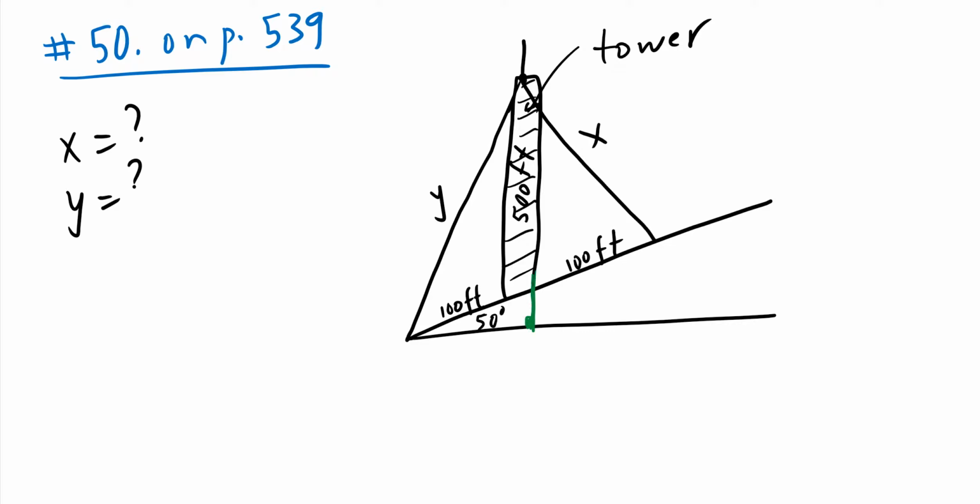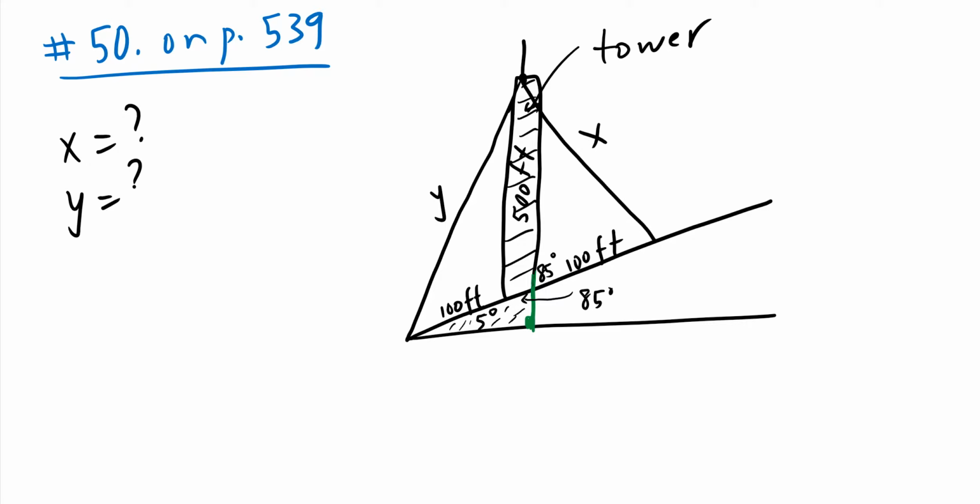This is 90. This is not 50, that's 5. So this is only 5 degrees, as the question stated. In this small triangle down here, I can find this angle, which is 90 minus 5, 85 degrees. And the 85 is the same as this one, 85. Vertically opposite angles are equal.